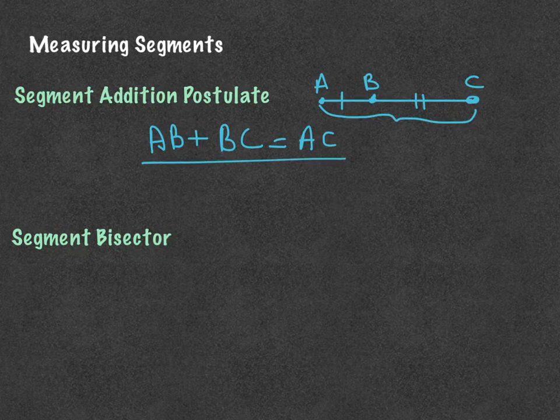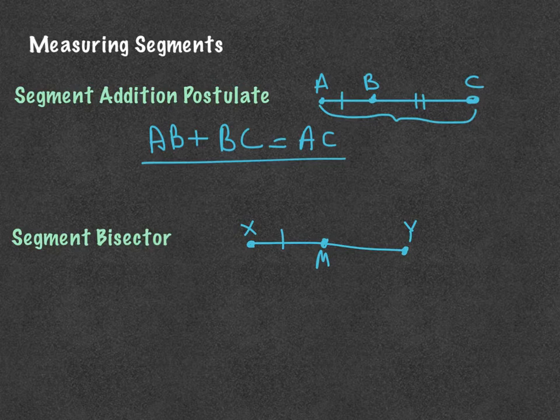Now, the idea of segment bisector is a little different. That says if you have a segment X to Y, and you have some point in between, we'll call that M, that cuts it so that the X to the M and the M to the Y is exactly the same, then that is what a segment bisector is.